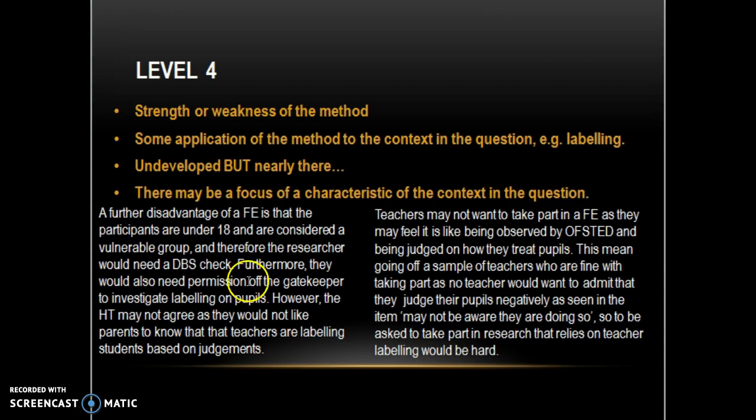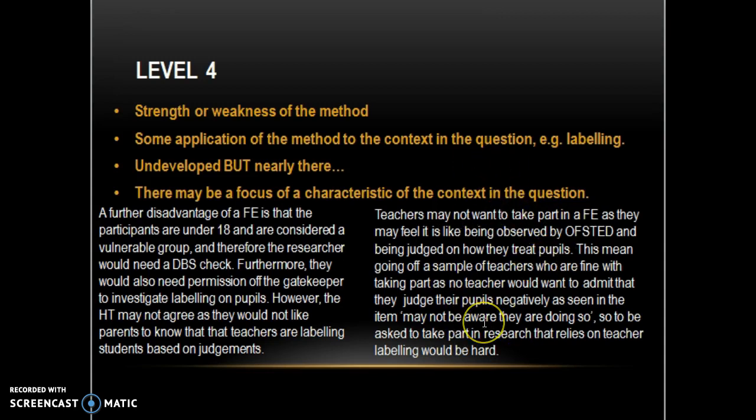There is a link to the labelling of students, but this is undeveloped and there's nothing really that tells me anything about field experiments. It tells me about if I was researching these groups to investigate labelling. And the head teacher might not allow it, which is fine, but there's nothing specific about field experiments. It's just research in generic.